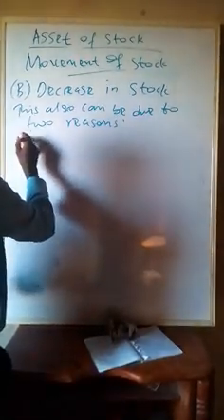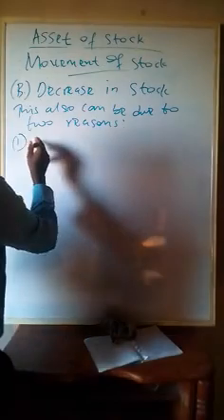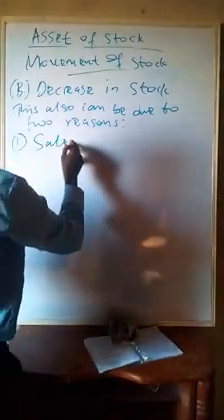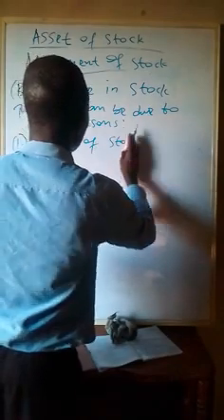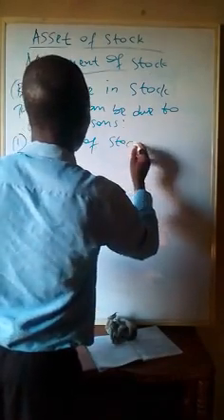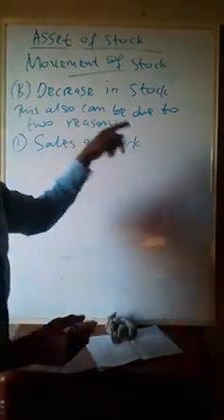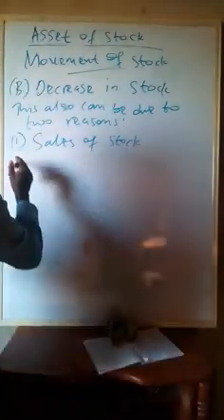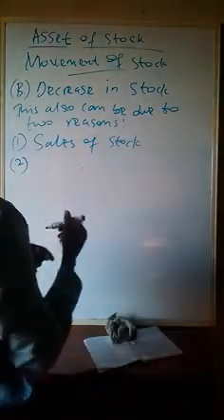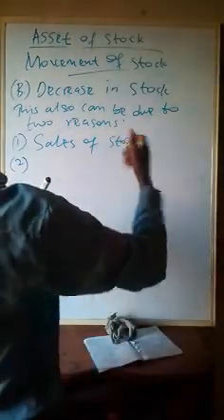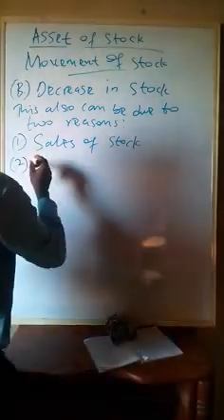One, sales of stock. And when we have sales of stock, that is goods. Two, goods previously bought were returned to the supplier.